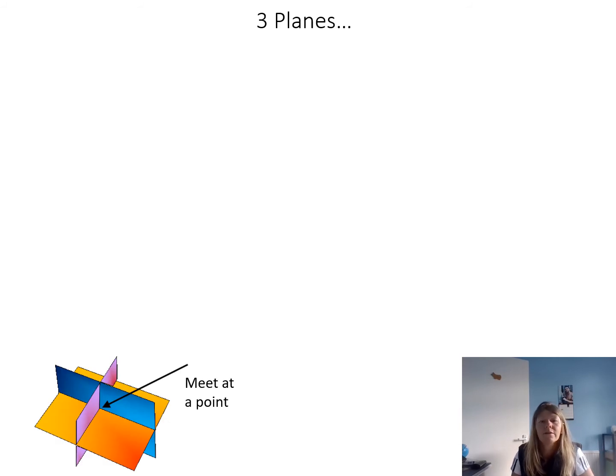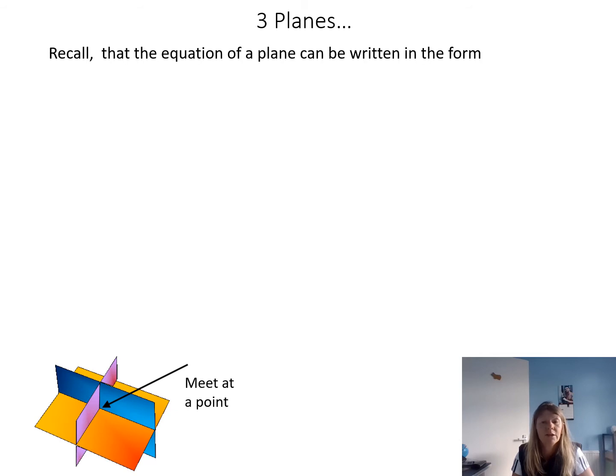Right, planes. Recall the equation of a plane can be written in the Cartesian form, something x, something y equals something. It's all come from r dot n equals a dot n.